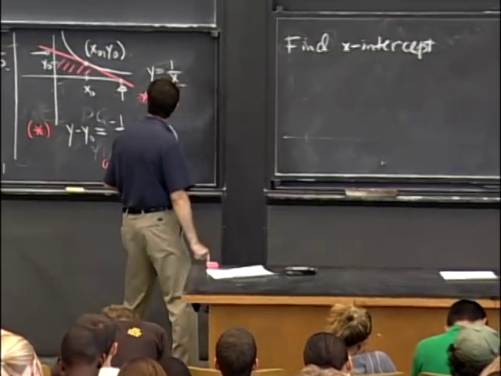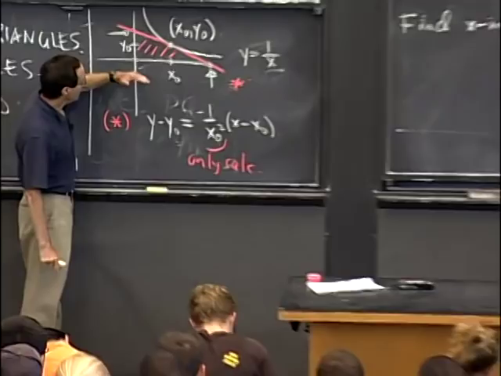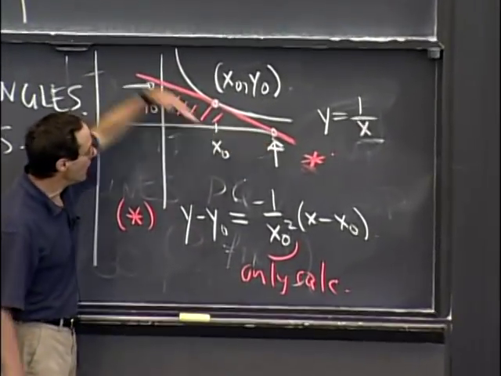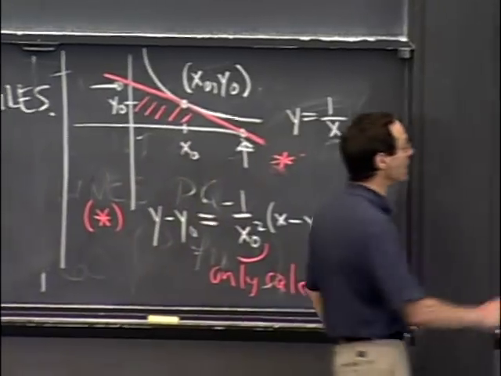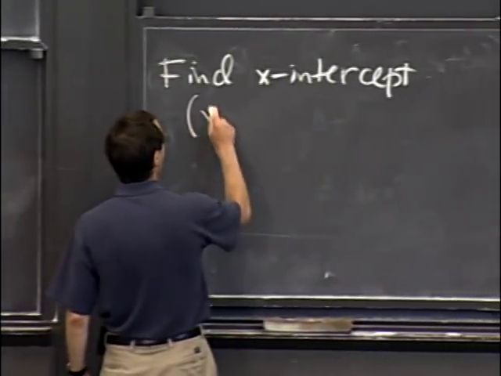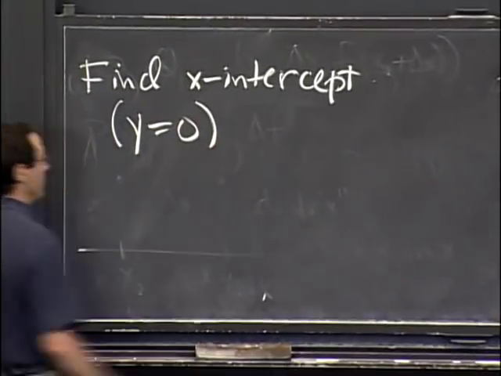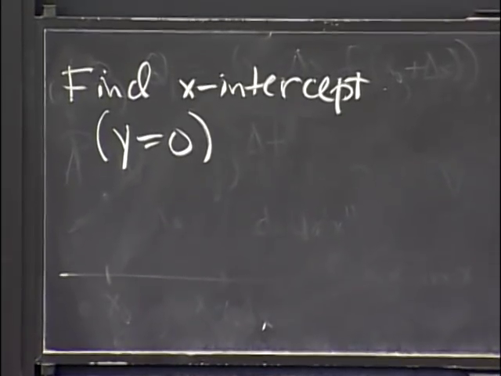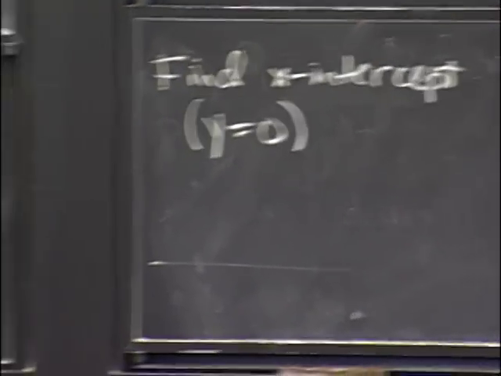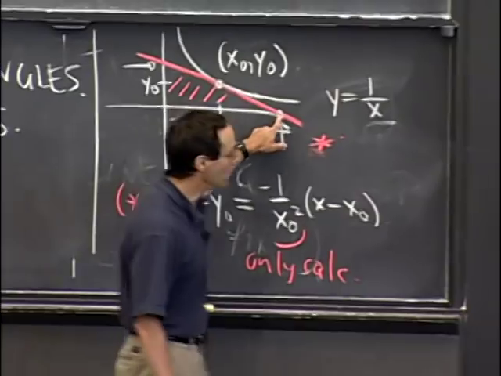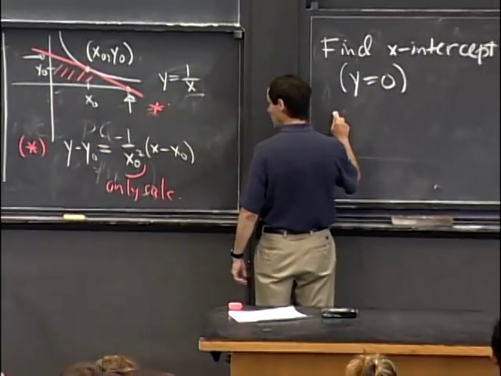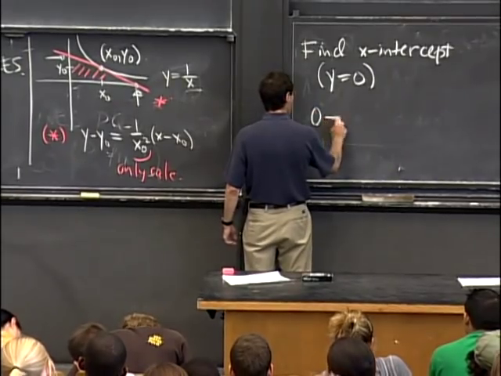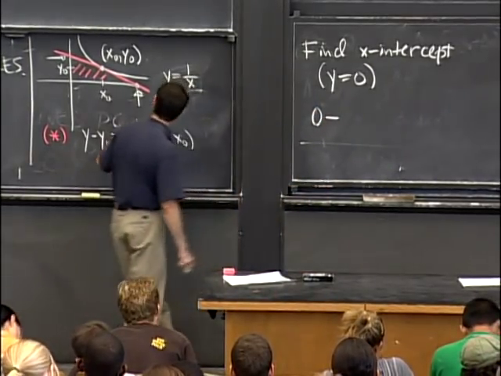So to do that, what we need to do is to find where this horizontal line meets that diagonal line. And the equation for the x-intercept is y equals 0. All right? So we plug in y equals 0, that's this horizontal line, and we find this point. So let's do that into star. So we get 0 minus, one other thing we need to know.